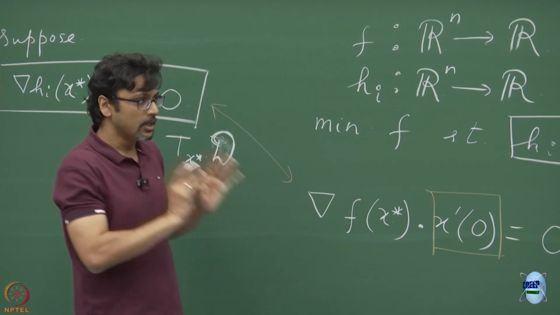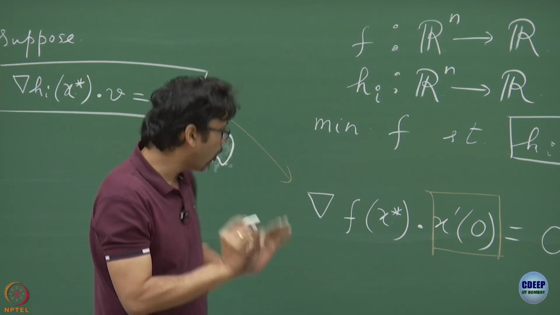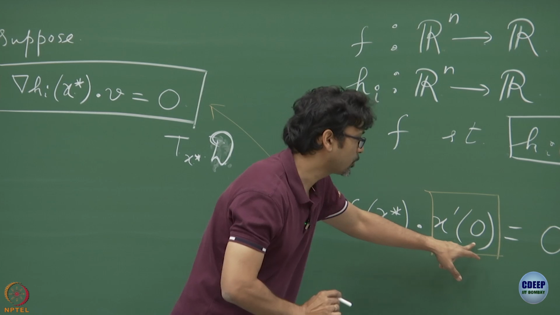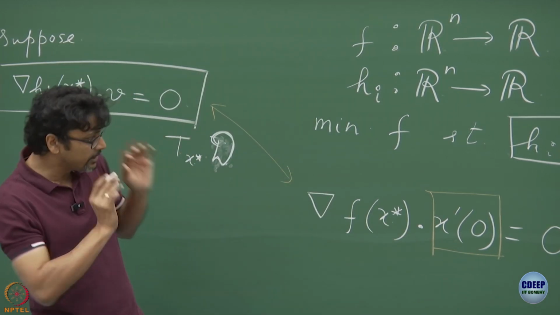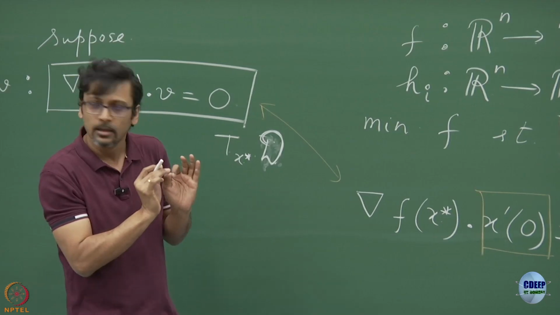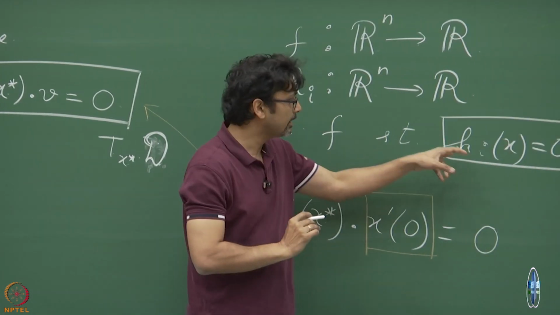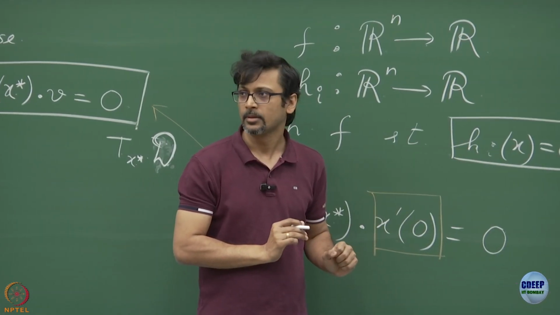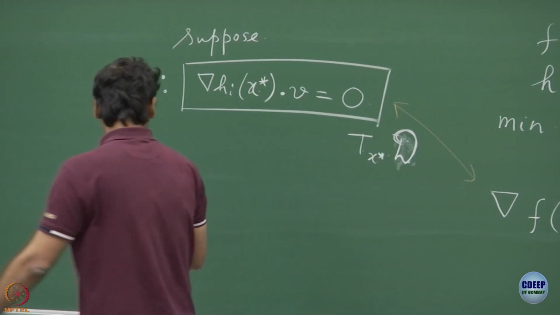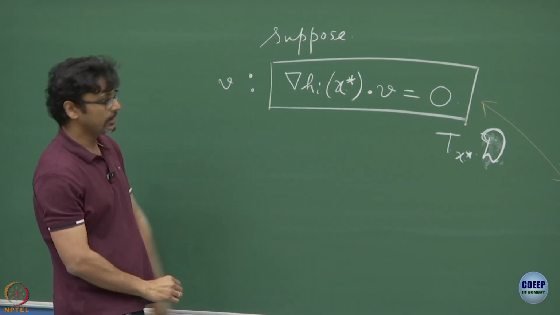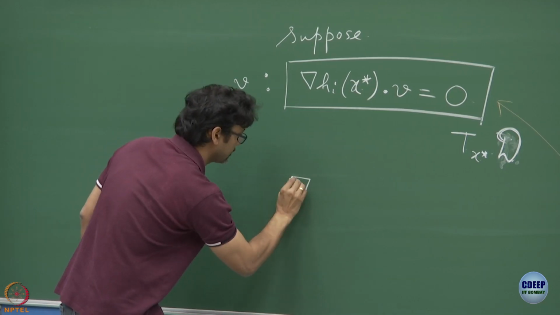Can we come up with a condition that does not involve a description of the tangent, which is of course there as a mathematical tool, but describe this condition succinctly merely in terms of f and the h_i's? It turns out that we can do exactly that. And what's that result that we are looking at? The result is this.